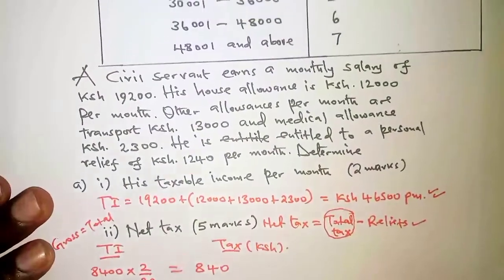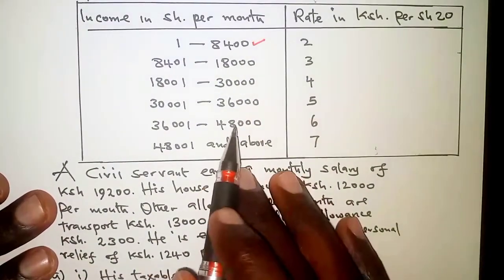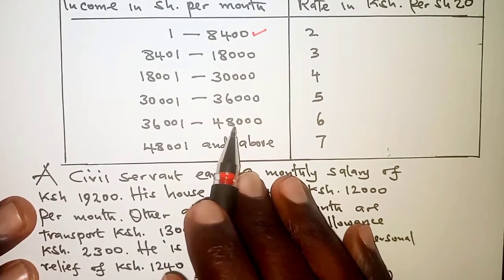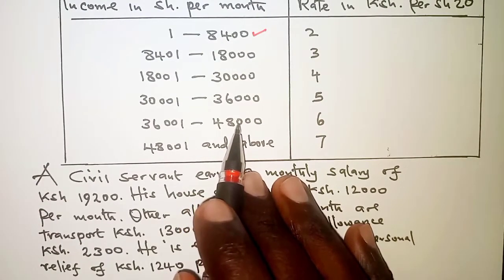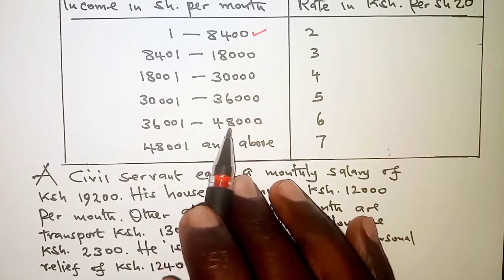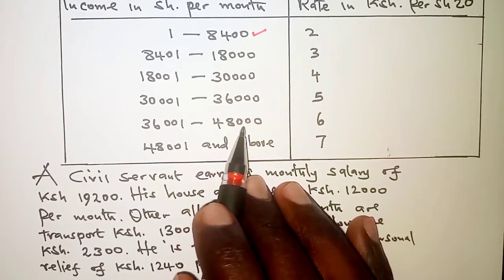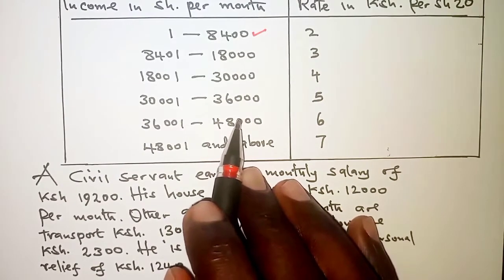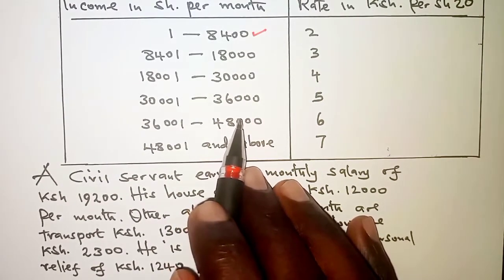Next band, we have 48,000. Now 48,000 is above 46,500, which is our taxable income. And for that reason, we are not going to use 48,000, but instead we are going to use the taxable income, which is 46,500.